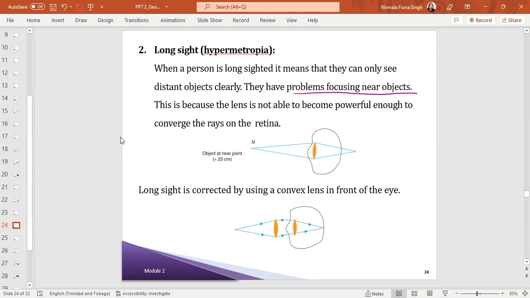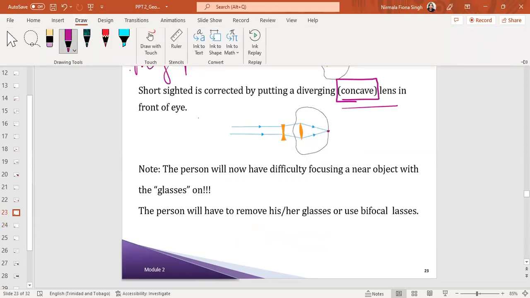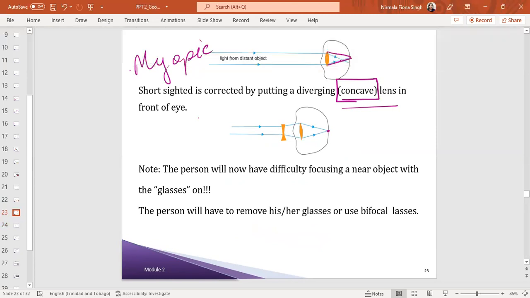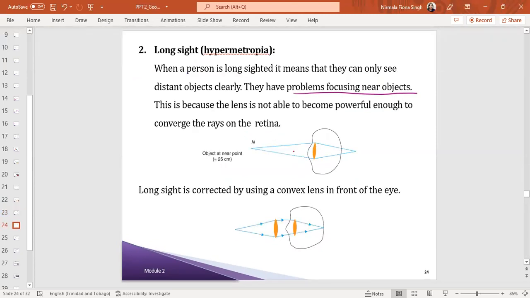For us to view something close, your lens has to get very, very thick, so that it's strong enough to force these very close light rays together onto your retina. But with somebody with hypermetropia, that lens does not get thick enough to cause the light rays to hit our retina at the right point.